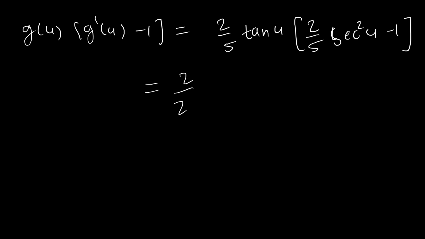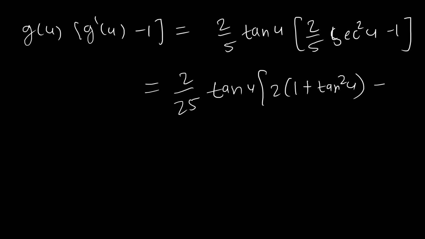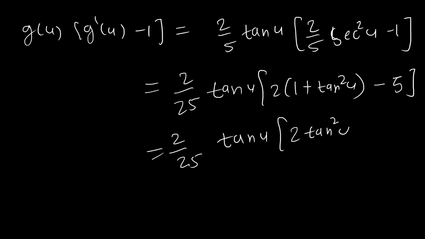Let us take this 5 outside of this bracket. So it will be 2 by 25 tan u, and it will be 2 times (1 plus tan square u) minus 5. So this will be 2 by 25 tan u in bracket, by multiplying this 2 into the bracket, we get 2 tan square u, and 2 minus 5, that is minus 3, which is the required first expression.